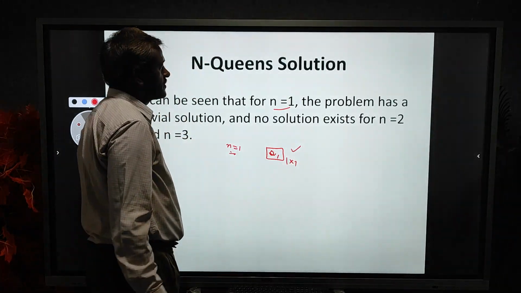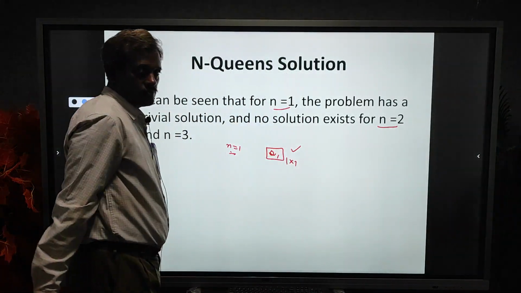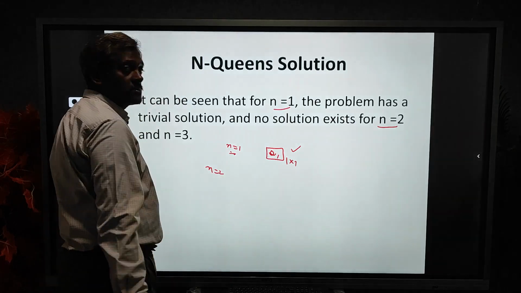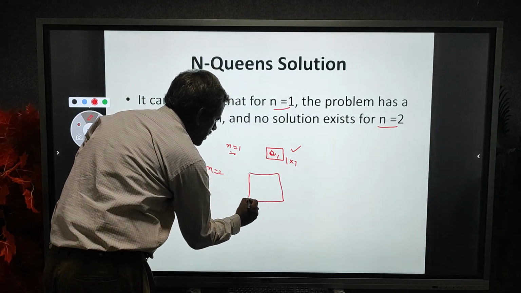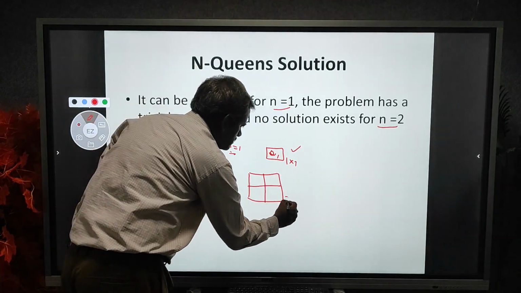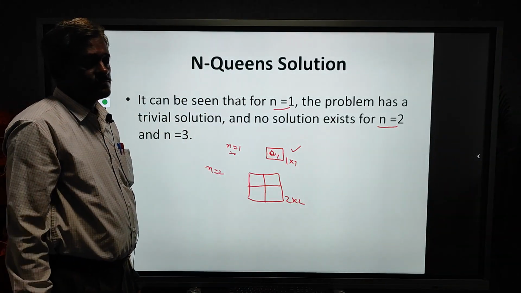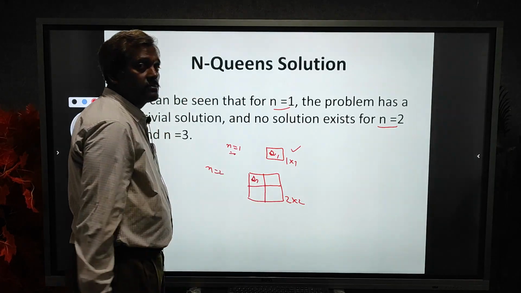That is right. If I consider n is equal to 2, the board is going to have 2 dimensions, that is 2 rows and 2 columns, 2 by 2. Now if I place Q1 here, what is the rule?